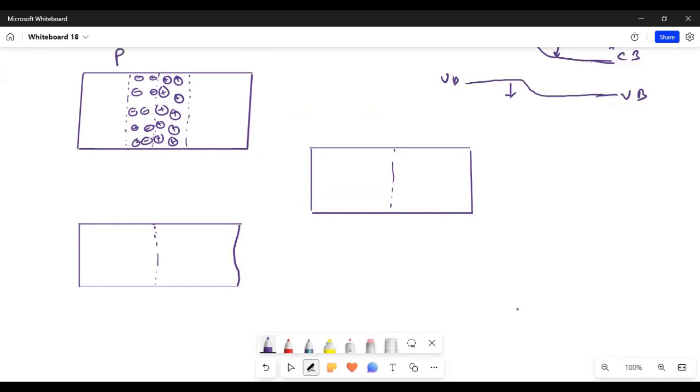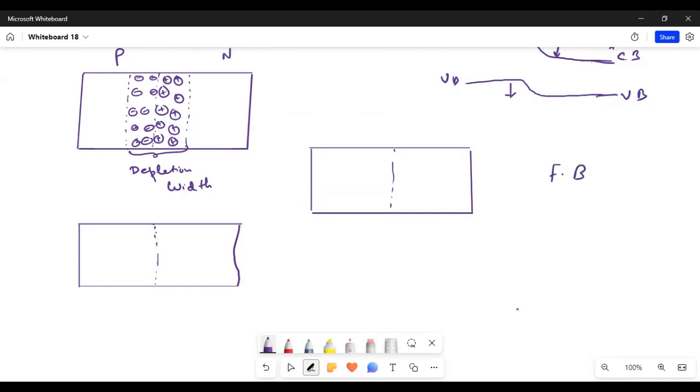So this is the p side, the n type, and this region is called the depletion region. This was the case when we apply a forward bias.